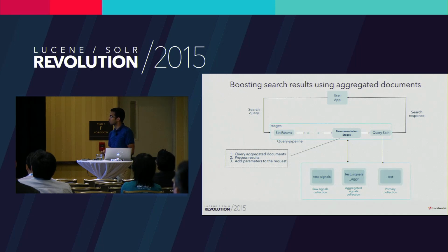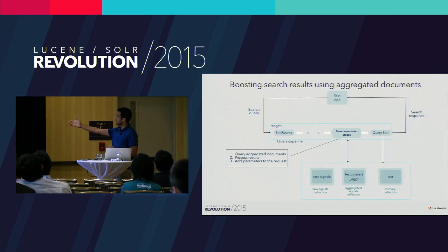Before query Solr, we have a stage called recommendation stages, and what these recommendation stages do is they go and query the aggregated collection, and then they do some processing based on algorithm. For example, you might want to get results, roll them up, and then add boost to it, or you might want to add more parameters to your Solr query.